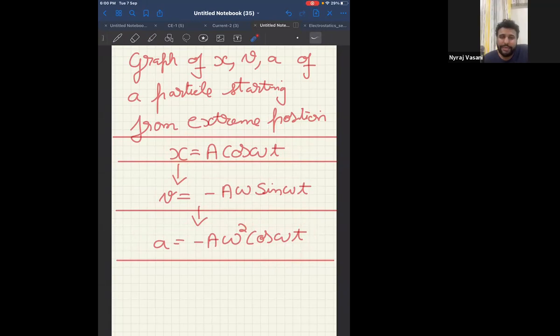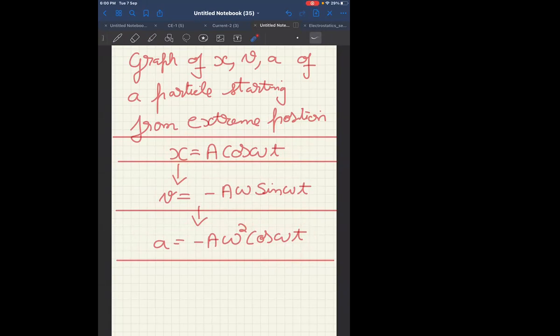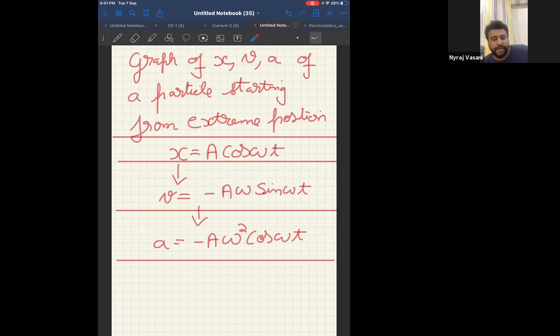Now from these values, we will have to get the table. Okay, now listen.